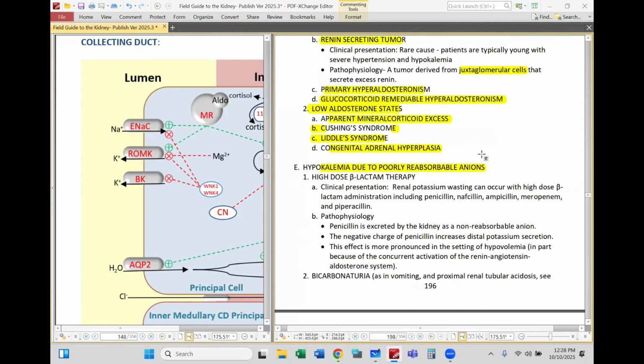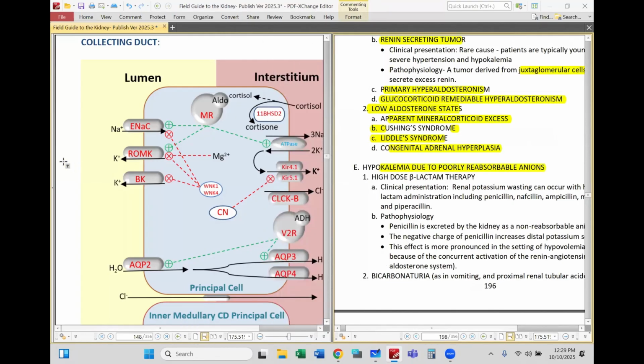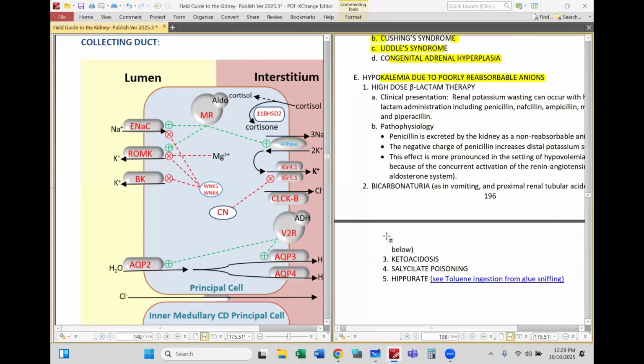We have hypokalemia from poorly resorbable anions. Remember again, K secretion revolves around the creation of a lumen negative potential difference. So if I have anions in the urinary lumen, then that would enhance K losses, right? So bicarbonate is one of those, right?